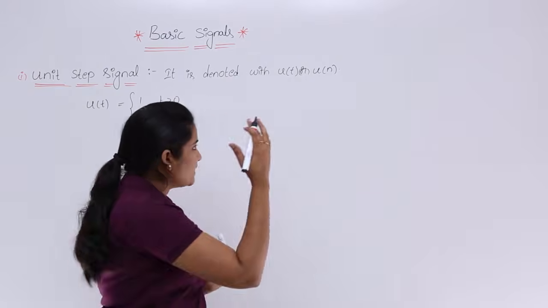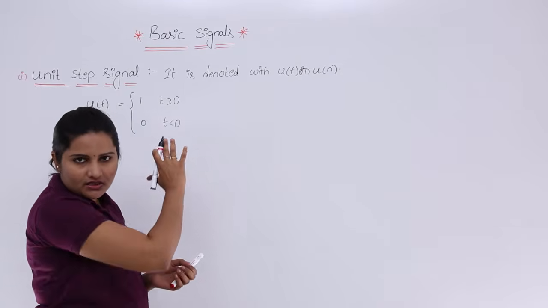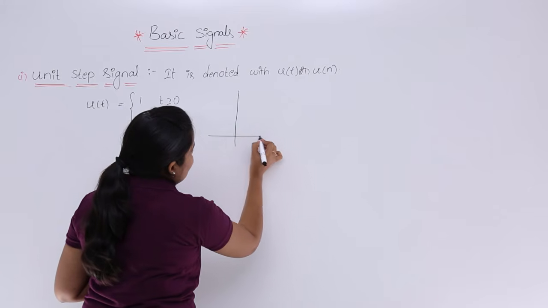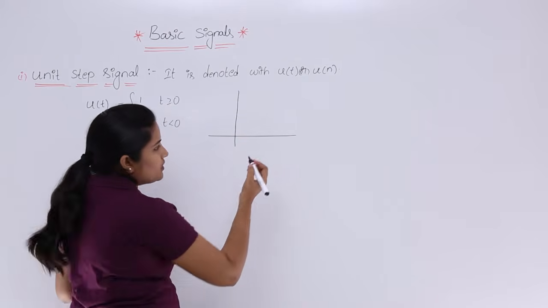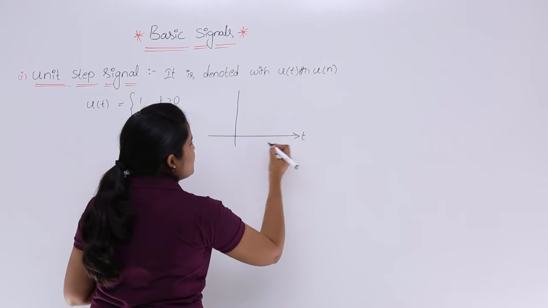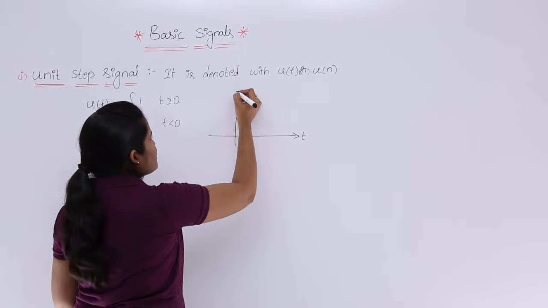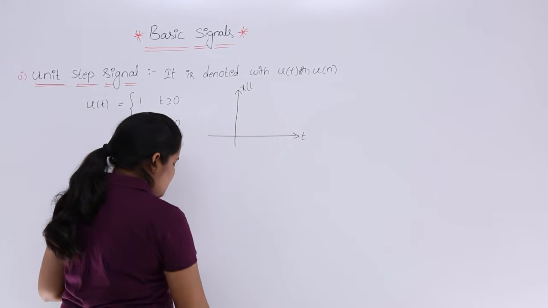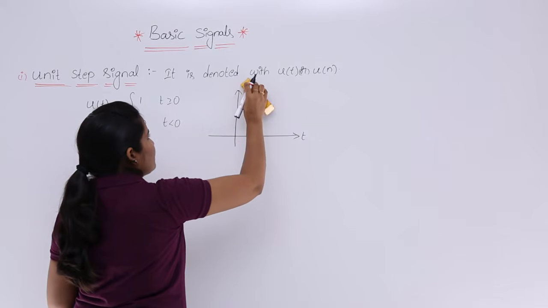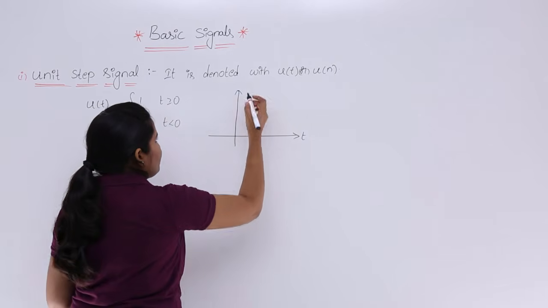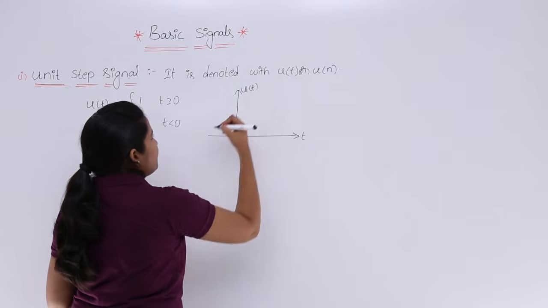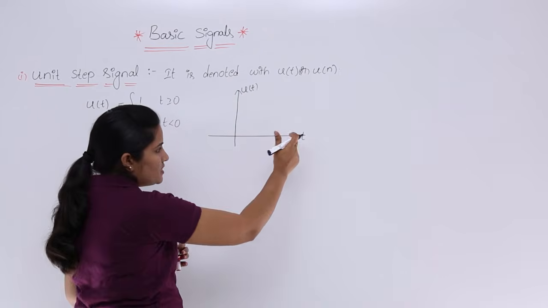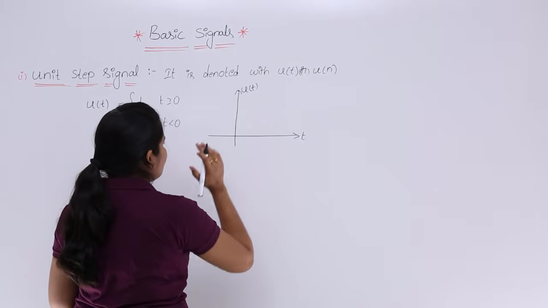Now we will take the pictorial representation of this definition. If you consider your signal on the x and y axes, you always consider time on the x axis and your signal on the y axis. Here, as we consider the unit step function, I represent it with u of t on the y axis, and on the x axis, the horizontal axis, I consider time.